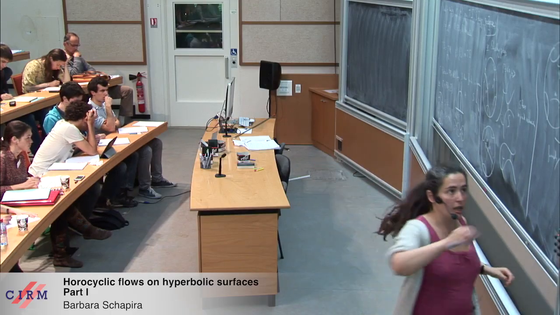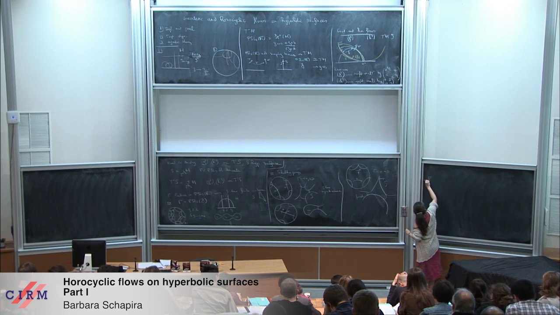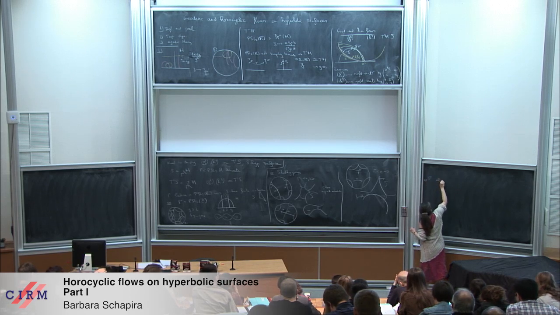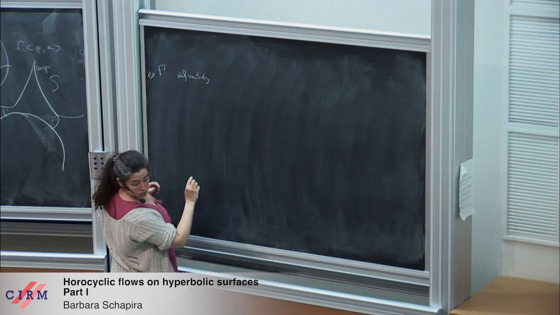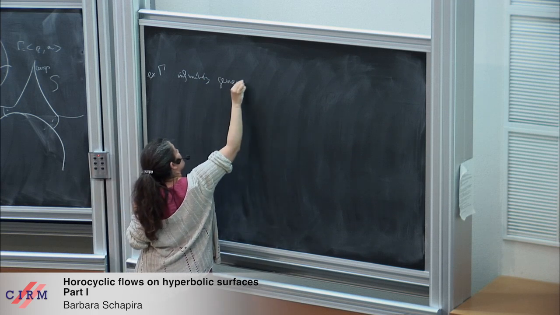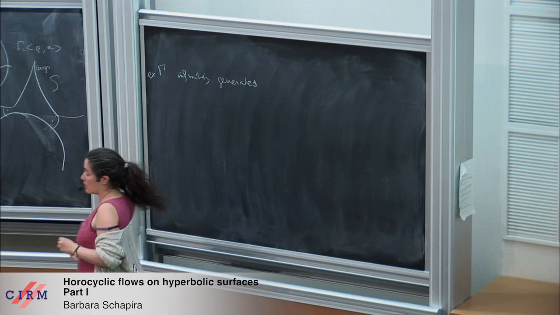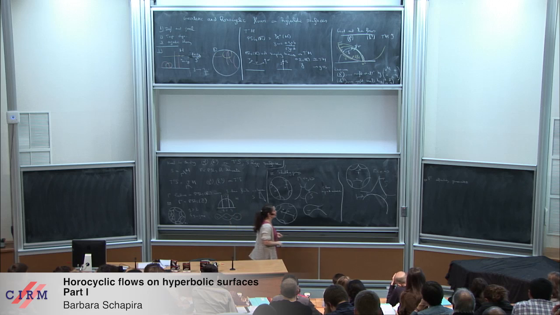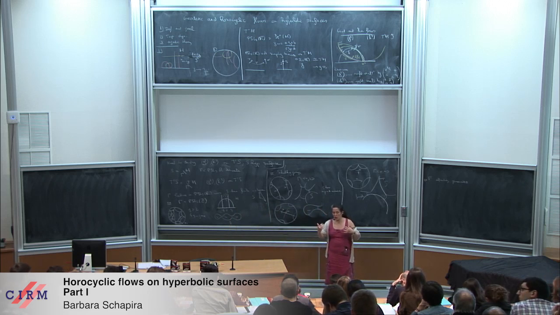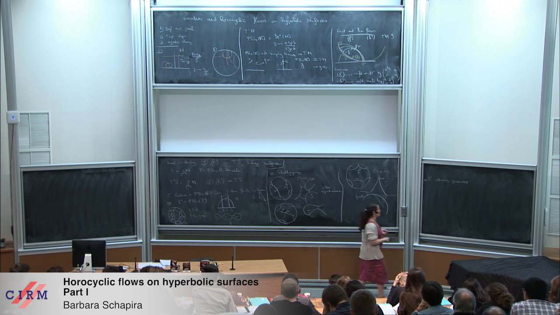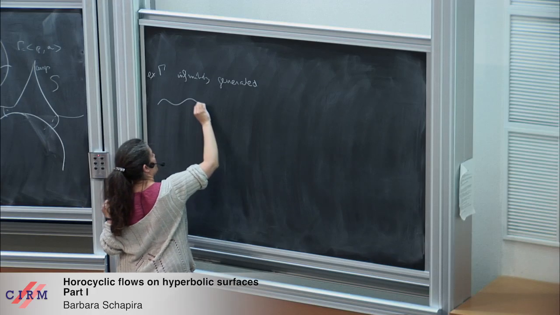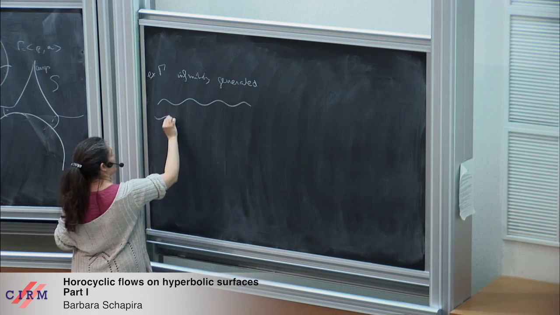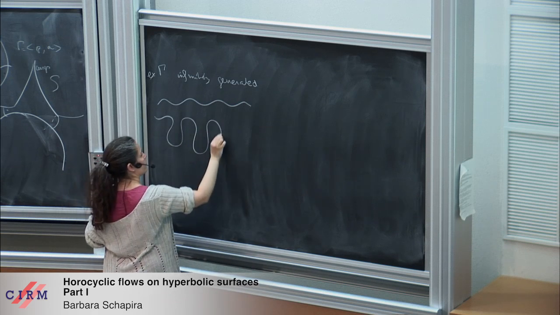You can assume that the group is infinitely generated. And for infinitely generated groups, it becomes very difficult to do pictures, but the simplest picture corresponds to surfaces which are covers of compact surfaces. For example, think of a surface with infinite genus.